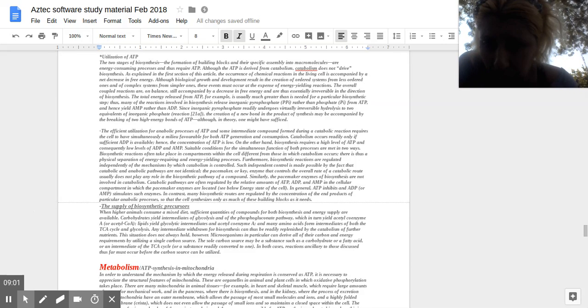The efficient utilization for anabolic processes of ATP and some intermediate compound formed during a catabolic reaction requires the cell to have simultaneously a milieu favorable for both ATP generation and consumption. Catabolism occurs readily only if sufficient ADP is available.